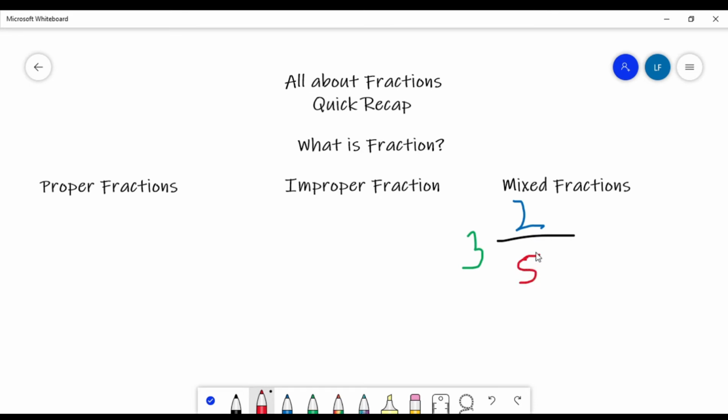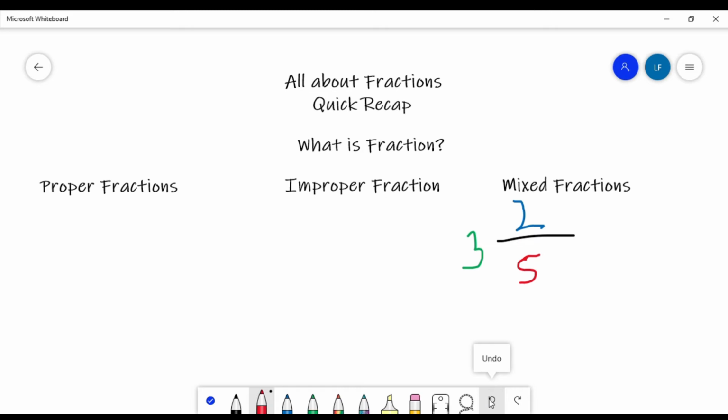Now, you may be thinking, why is there a natural number, sorry, a whole number, doing here? What is its business? Well, a mixed fraction consists of a whole number and a proper fraction.